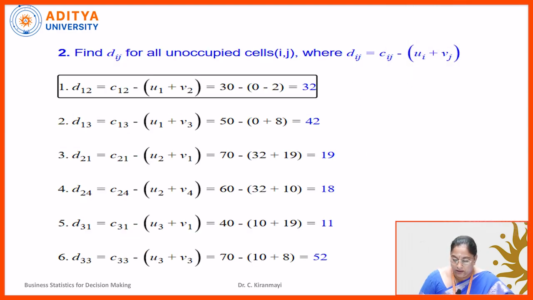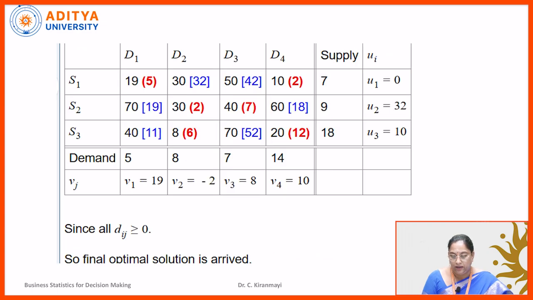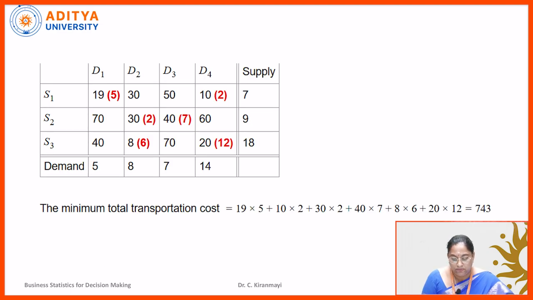These are the allocations which we have obtained. All the dijs are positive, so we have arrived at the optimum solution. For C11 the allocation is 5, therefore 19 into 5 plus, for this cell the allocation is 2, that is 2 units are to be supplied and the cost of transportation for 2 units from S1 to D4 is 10.